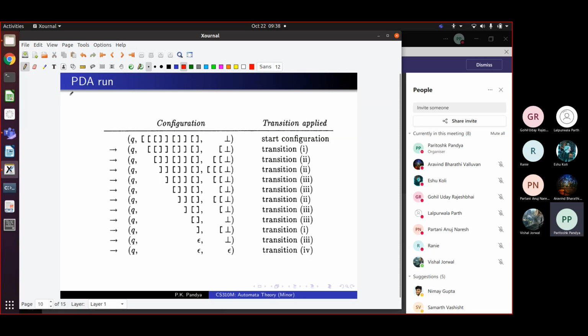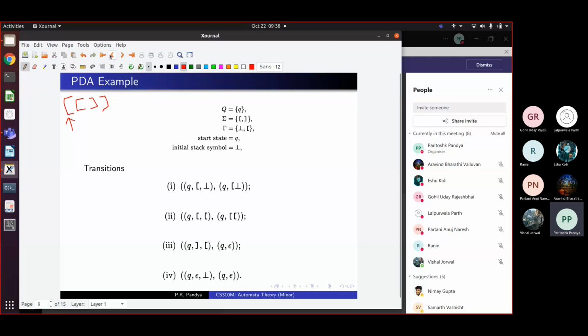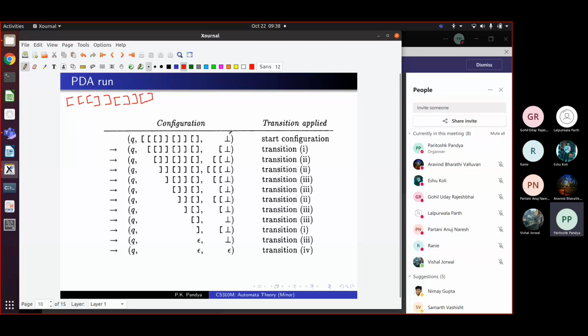You can see here, I'm trying to recognize the following word: left bracket, left bracket, left bracket, right bracket, right bracket, then a right bracket, then a left bracket and right bracket. So basically this word here. I'm initially in state Q, my automaton is given here, and the initial stack is bottom.